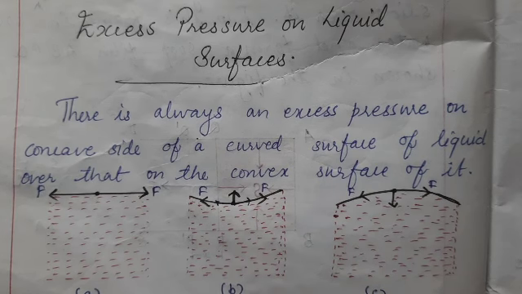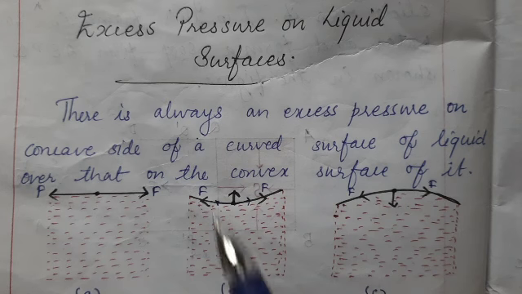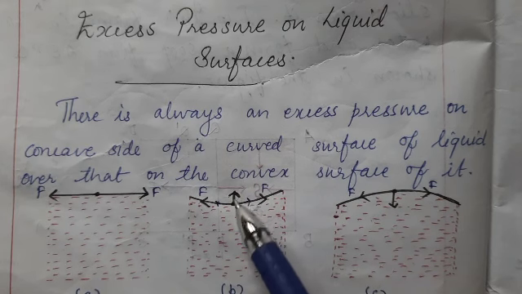So in the first case there is no excess pressure, because the forces got balanced. But here the forces are not balanced, and there is an extra pressure in the upward direction.